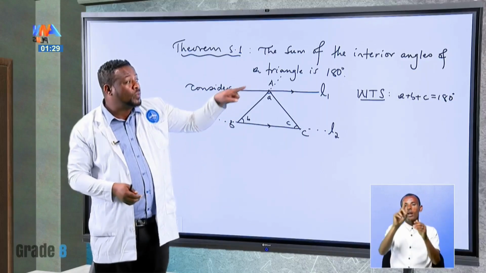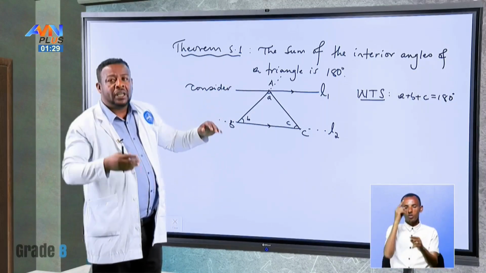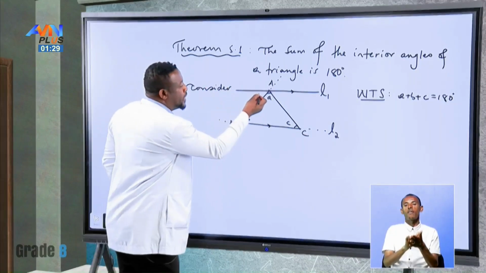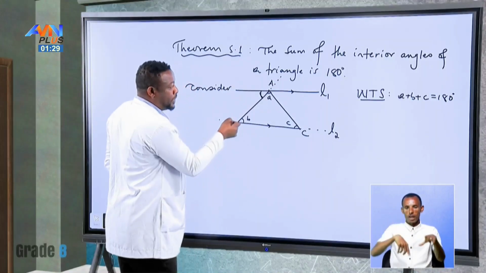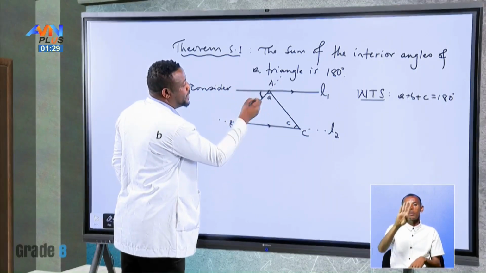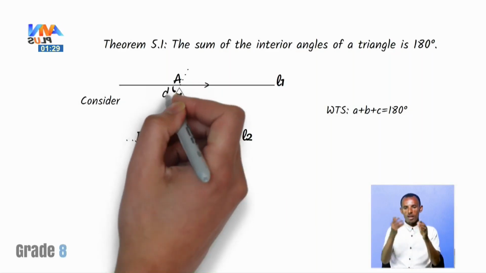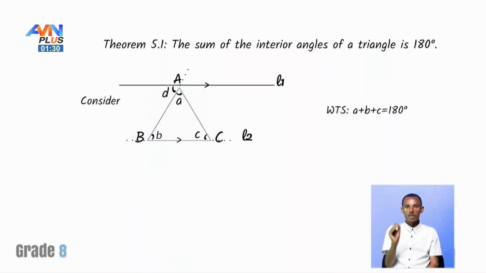So to prove that, let us consider the angle between the line L1 and BC. Say that angle is D, and assume this angle is E.